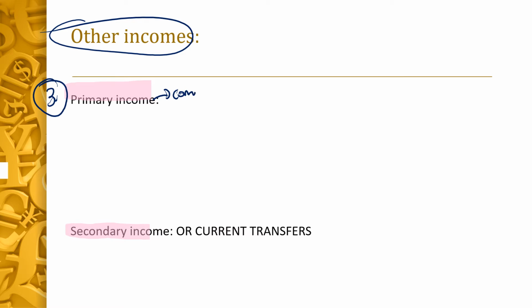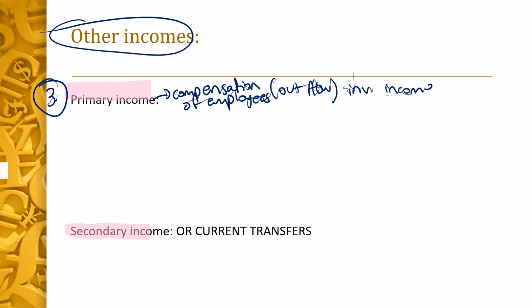So please, I would like you to write that down. Compensation of employees, which means I'm talking about outflow, since I would have to pay them money. Also, it can include investment income, which is inflow.